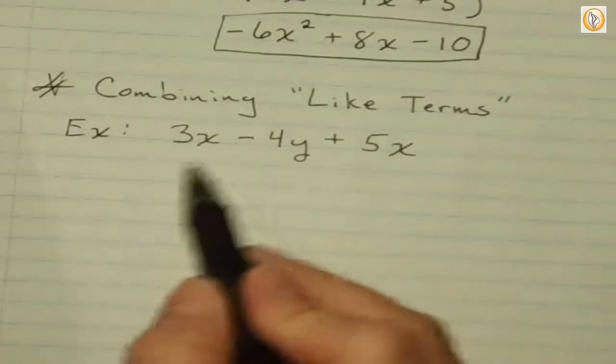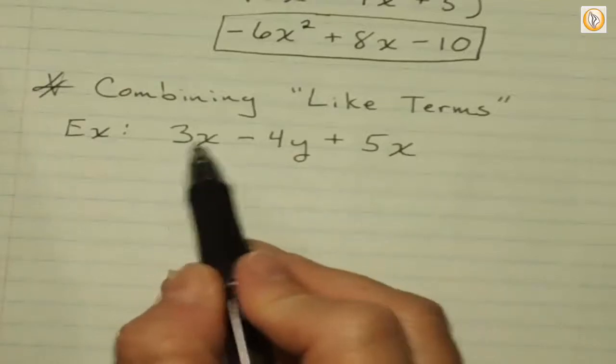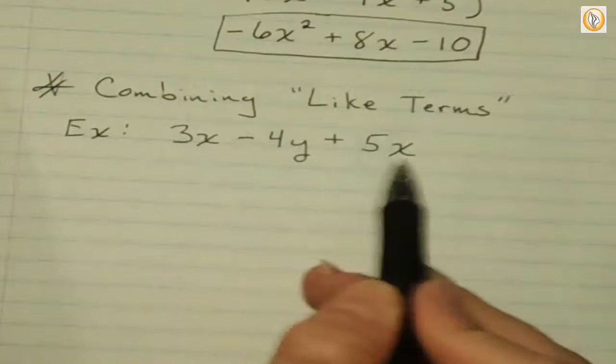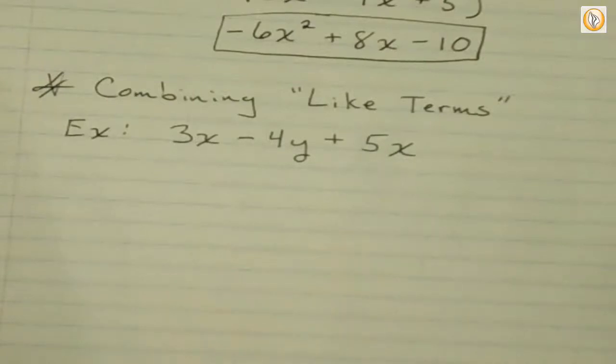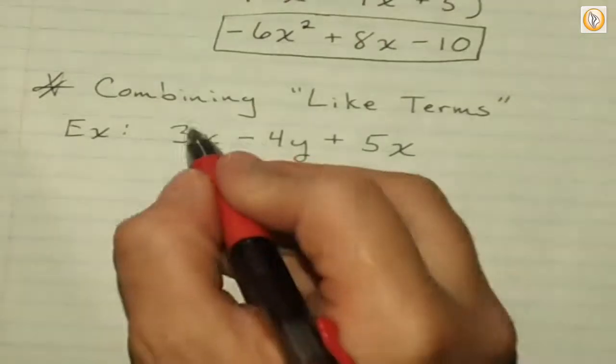And by the way, how many terms are here, Whit? 3. Yes, sir. There are 3 terms. 1, 2, 3. 3 terms. Y'all see that? Y'all remember? Okay. Which terms can I combine? 3x and 5x. Excellent. See, y'all do remember stuff.